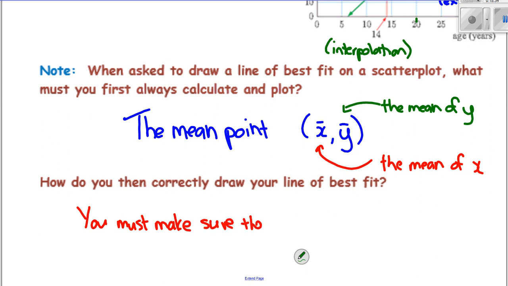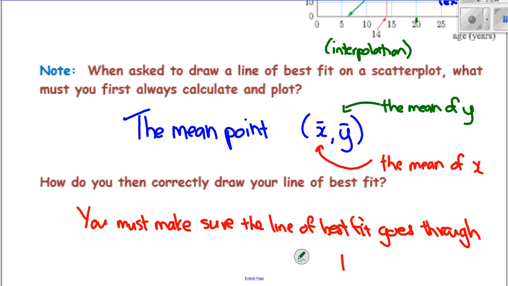So you would have plotted your scatter graph, then calculated the mean of the x and the mean of the y, and then you plot that as an extra coordinate. When you draw your line of best fit, you make sure that the line of best fit cuts through that particular coordinate. Probably best to see it in action.